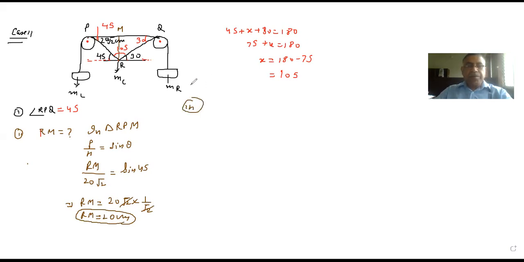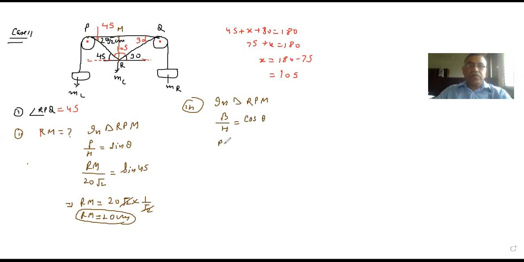Now the distance between P and Q, I want to get this total distance. So first I will find out PM, then I will find out MQ, and then I will add. To find out PM, first I will take triangle RPM. So PM is my base, PR is the hypotenuse. So base over hypotenuse is cos theta.